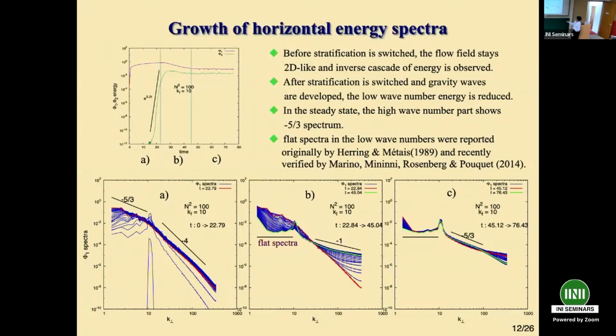Of course, for those things to form, it has to know about stratification, which means the spectrum would have changed. Right. We haven't identified when exactly.